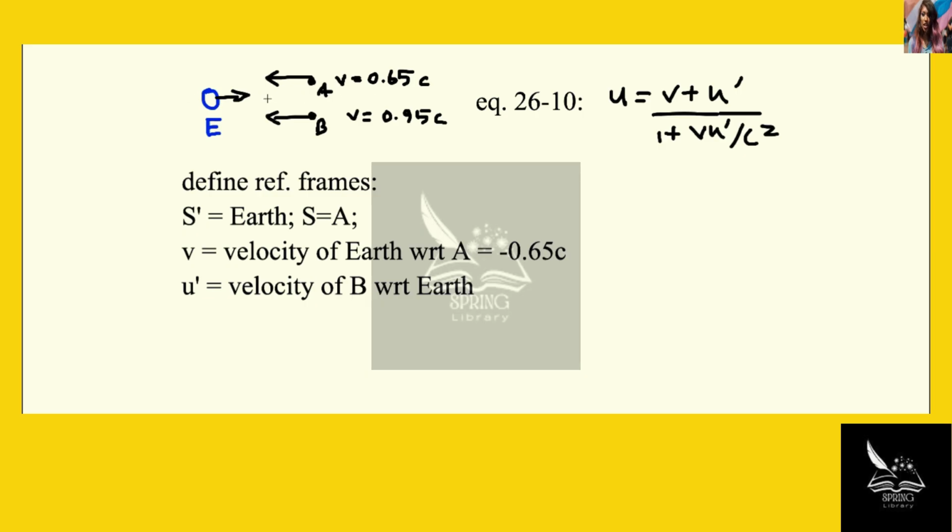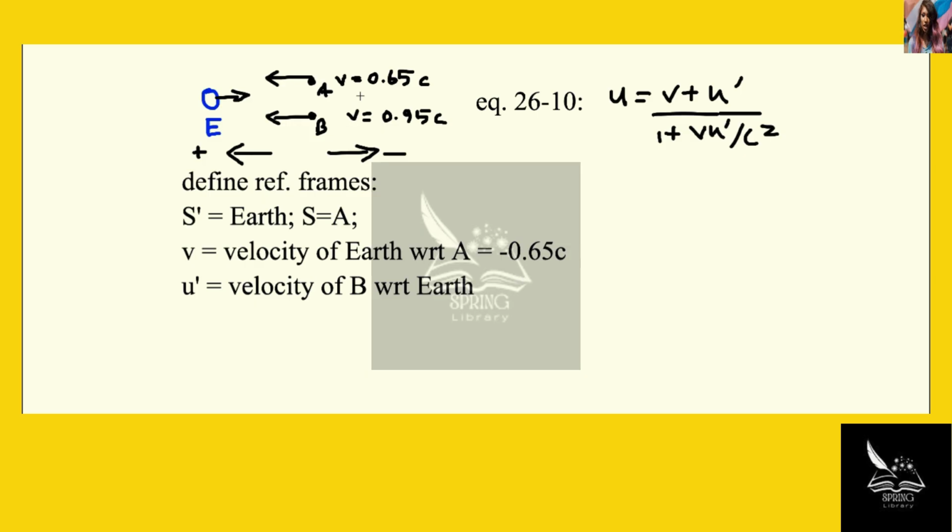From A, the Earth is moving towards A with the speed of A. I have a negative here because I'm implicitly assuming the direction of motion of A and B to be the positive direction and the opposite direction to be the negative direction. We can switch this around and you'd get the same answer.